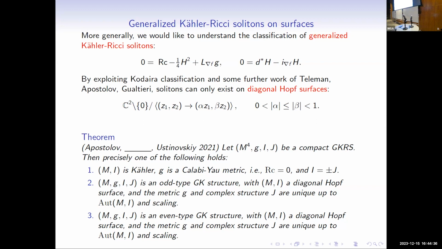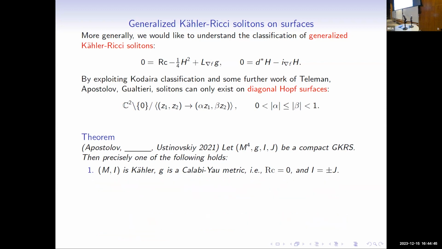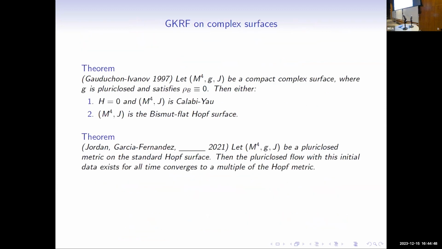So what's the difference in higher dimensions? Yeah, this theorem that I mentioned basically holds for any Bismut flat background: we can prove the global existence and the convergence to some Bismut flat metric, but somehow, embarrassingly, we can't even prove the uniqueness of Bismut flat geometries in a fixed class.